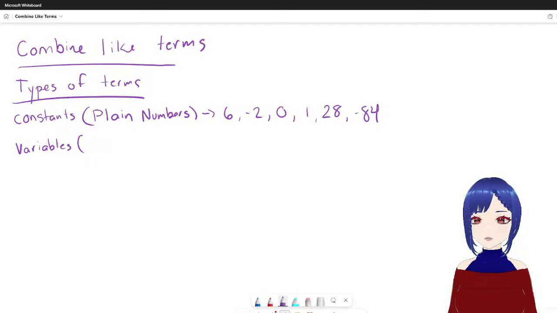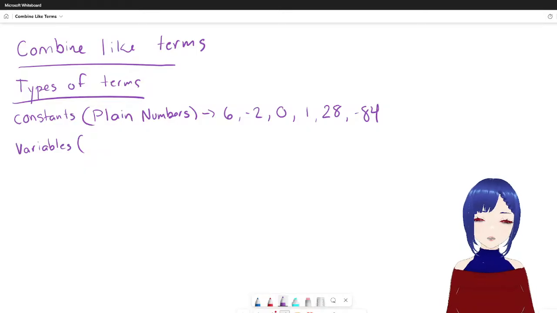When you're younger and learning in elementary school, you sometimes used a question mark, or even in kindergarten, they would say, what number plus 5 is 8? That's technically an algebra problem, so you guys have technically been doing algebra since elementary school.